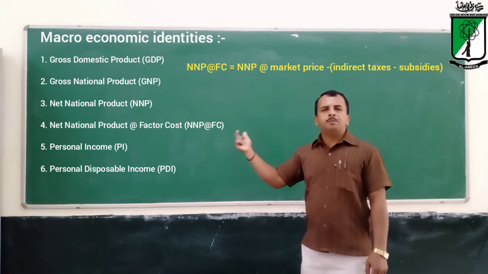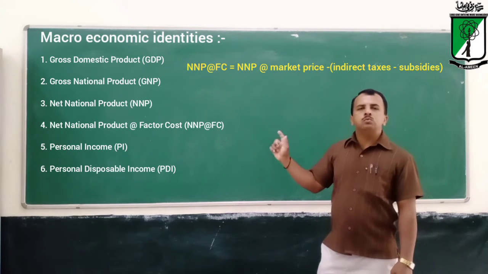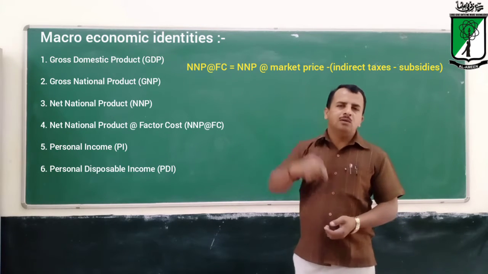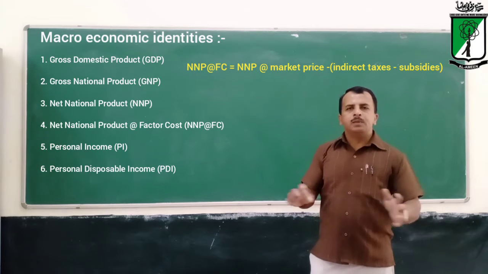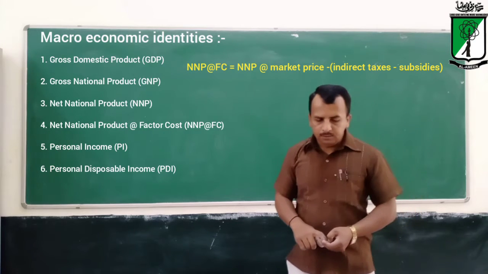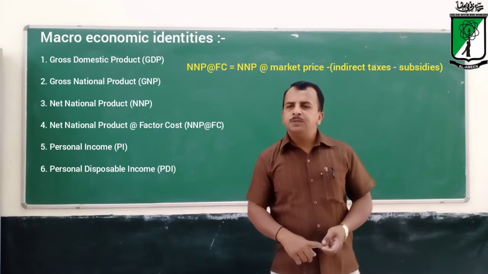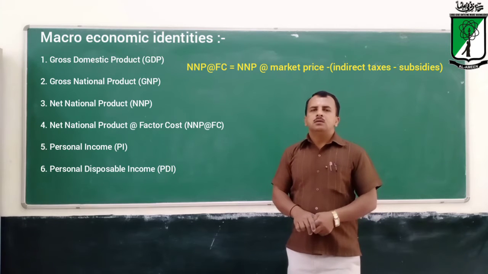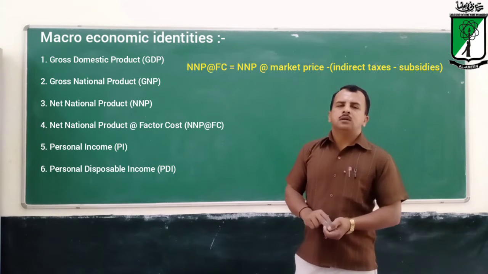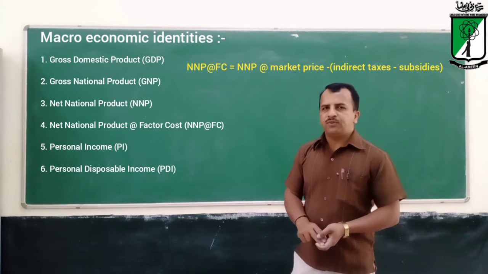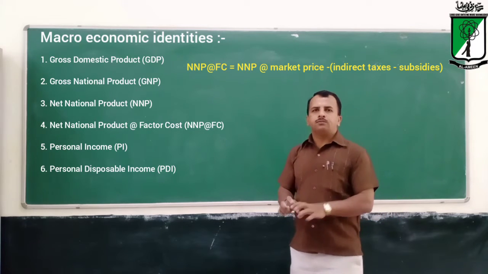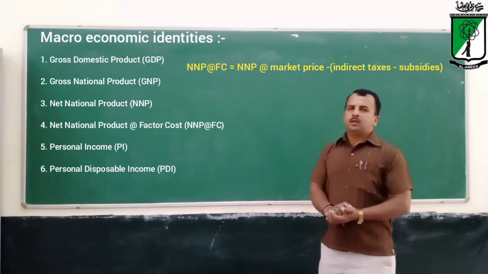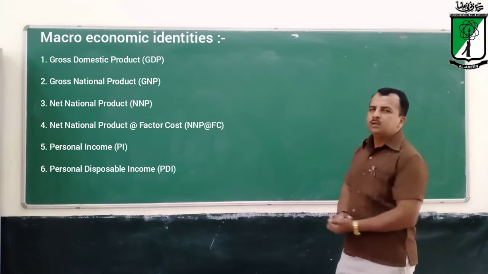In that NNP at market price, we need to minus indirect taxes. Whatever indirect taxes are applied should be minused. Then subsidies, whatever they have received, should be added. Then you will get the NNP at factor level, or factor cost. Factor level means at production factor level. So that national income is called NNP at factor cost.